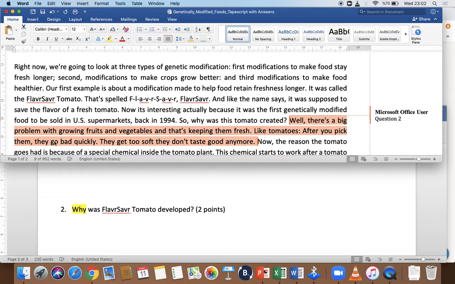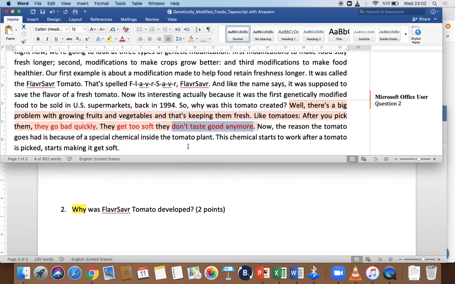After you pick them, they go bad quickly. They get too soft and they don't taste good anymore. So these were the reasons behind development of flavor savour tomato.